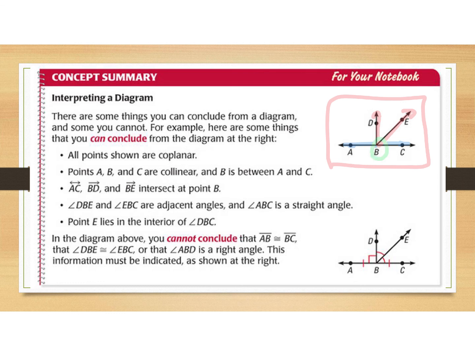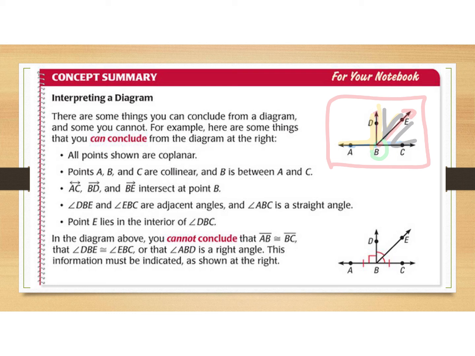I can also state that I got adjacent angles here. So this angle, I could state ABD is adjacent to DBE, or I could even say that DBE is also adjacent to this one.